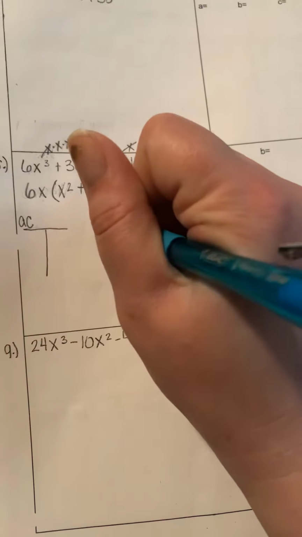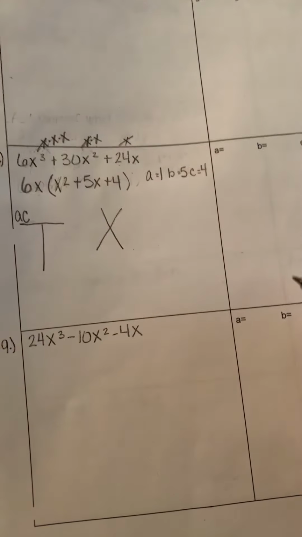So now we're going to multiply our A and C together. So 1 times 4 is 4. List our factors of 4, 1 and 4, 2 and 2.